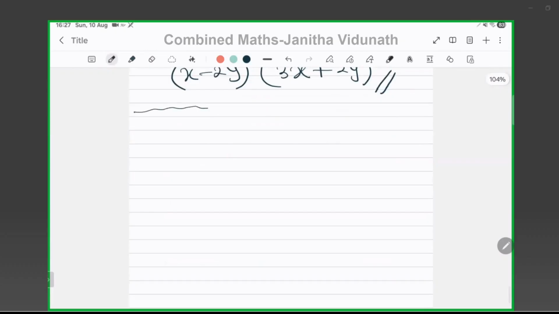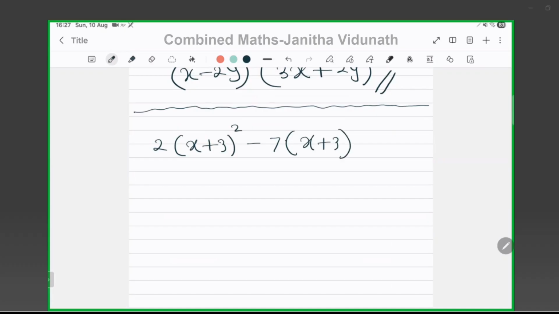Likewise, we can do a new and different question. Consider 2 times x plus 3 whole square minus 7 times x plus 3 minus 4. Here I give you 2 minutes.